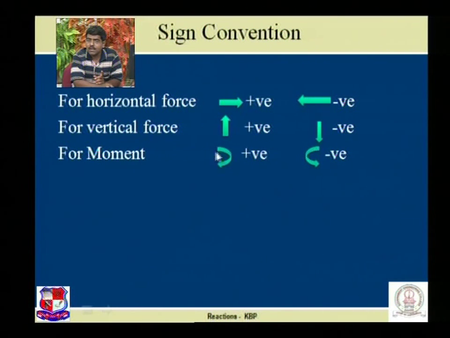Similarly, for vertical force, all upward forces are treated as positive while downward forces are treated as negative, and for moment, all clockwise moments are treated as positive while anti-clockwise moments are treated as negative. You can take vice versa of this also.